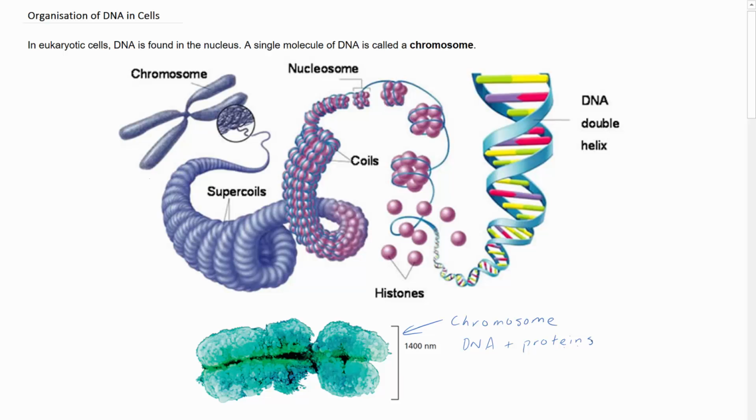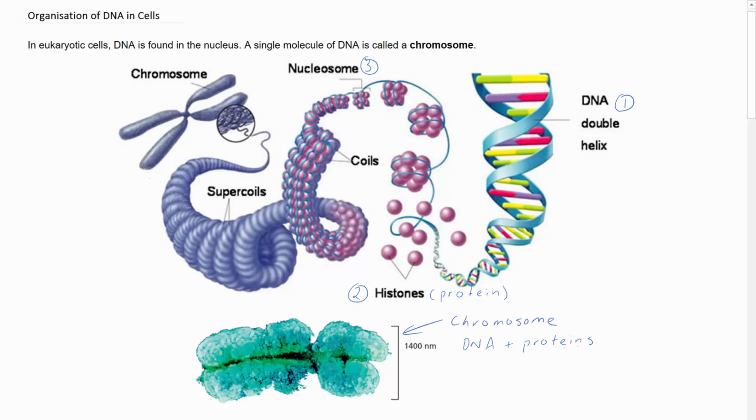A chromosome is a combination of DNA, which has been wrapped around particular proteins, which I'll describe to you now. So in order to form a chromosome from DNA, you start with your double helix DNA, which then wraps itself around these little purple spheres called histones, which are a type of protein. Once you've got histones grouped together with DNA wrapped around them, it forms something called a nucleosome.